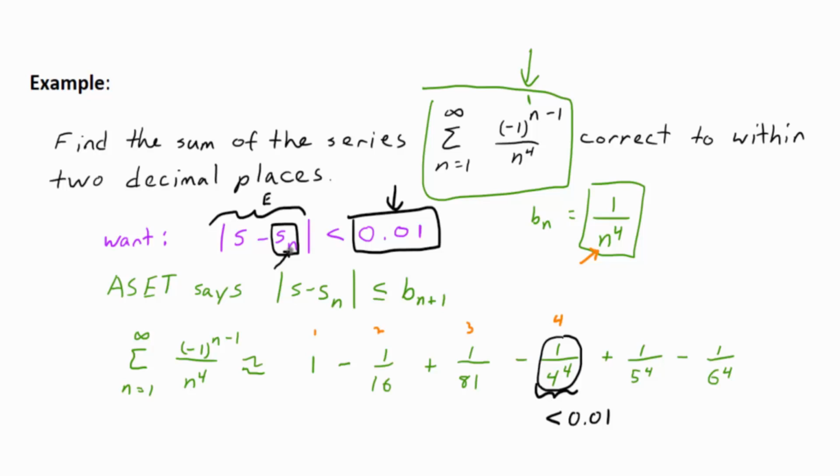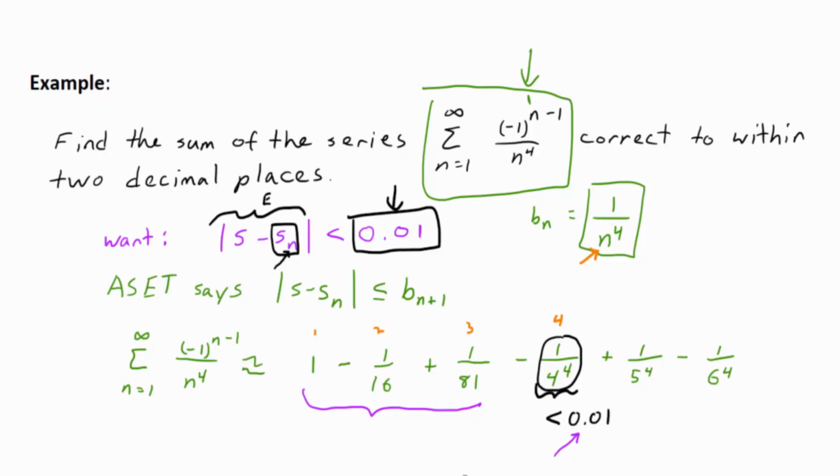So this n was 4. Oh, so we only need to take S3 to be within the required error. So in other words, all you have to do is add up the terms that come before the one that satisfies the error requirement, and you're guaranteed, in this case, that S3 satisfies that requirement.